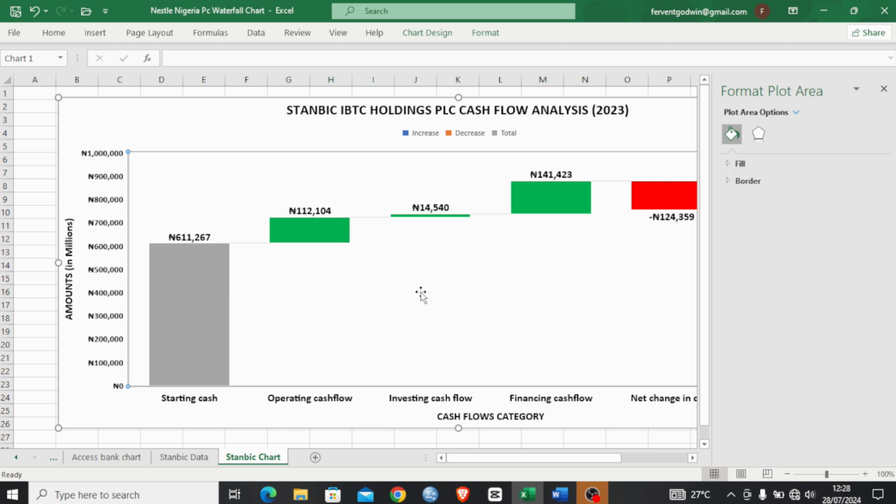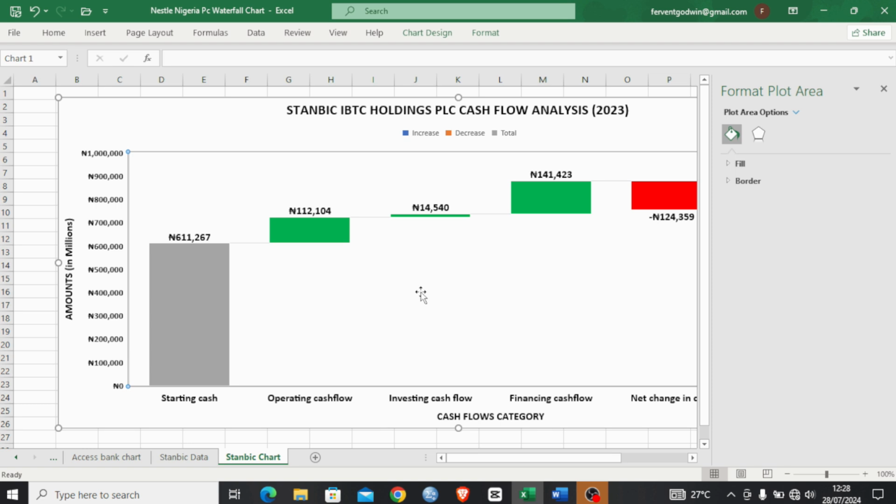the net change in cash, in most cases, used to be a positive value. Now when it becomes a negative value, what is it actually saying? To give a light, if the net change in cash is showing a negative value on the financial statement, we should understand that these values were taken from the financial statement of Stanbic IBTC Bank.